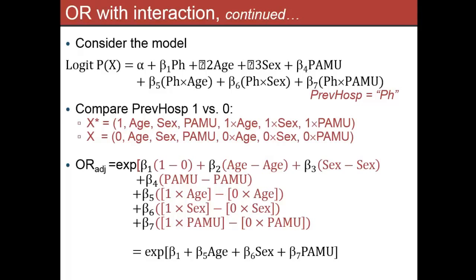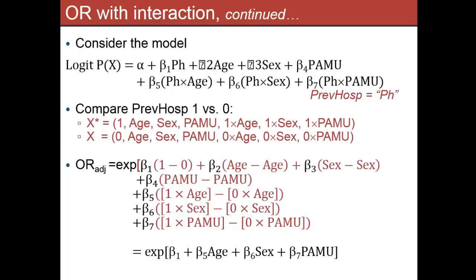So your work is not done. It's not just e to the beta. You now need to say, okay, great. I'm going to talk about a 35-year-old male with previous hospitalization, no previous antimicrobial use, and that's going to give me one answer. Now I've got a female who's 17, who's whatever. I get a different answer. And again, that might seem like a headache. Like, hey, that sounds like a lot of work. I just want an answer.